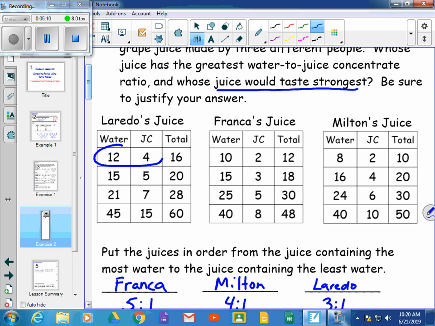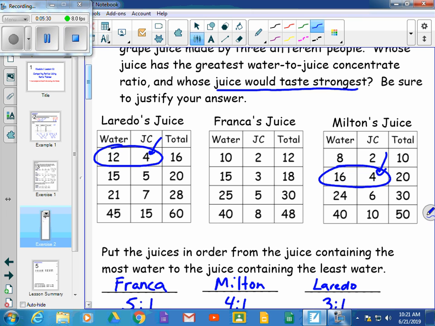For example, Laredo has a ratio of 12:4. Milton's would have a ratio of 16:4. That tells me for the same amount of juice concentrate, Milton adds more water. His is going to taste weaker than Laredo's.